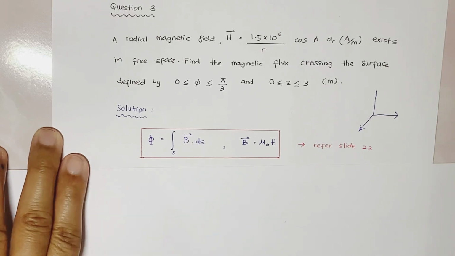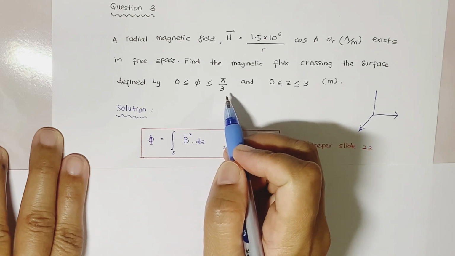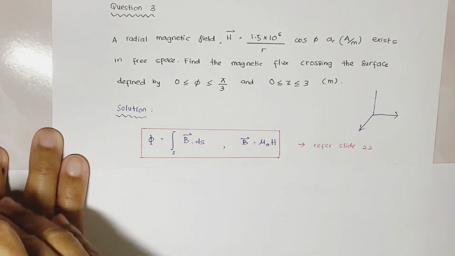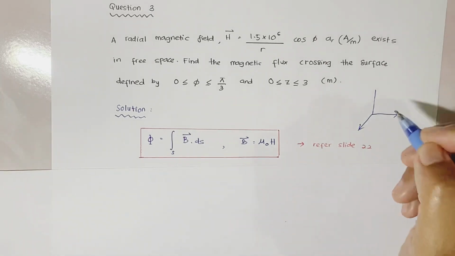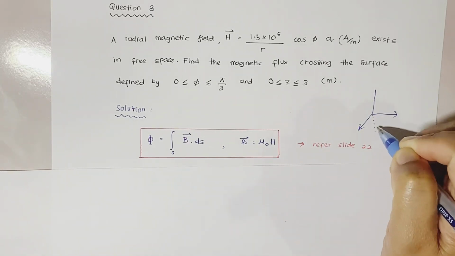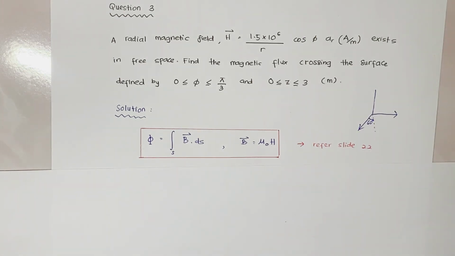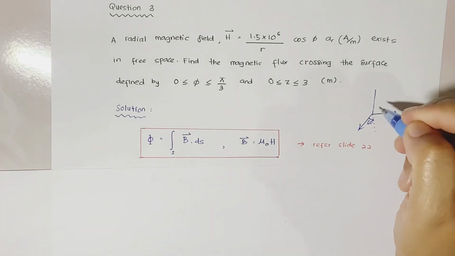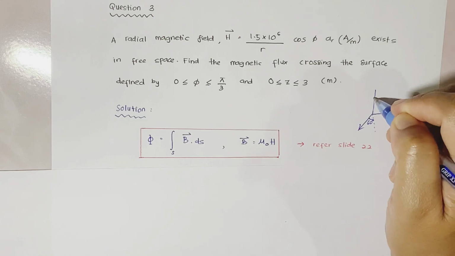Okay, 0 to pi over 3. Pi over 3 is 180 over 3, so it is about 60 degrees. So here is 60 degrees. Okay, and then the surface is between 0 to 3.